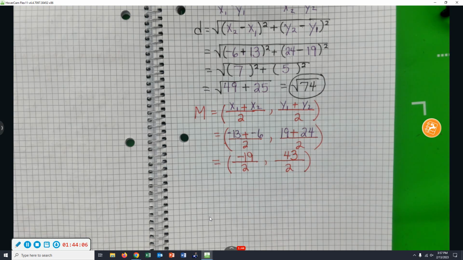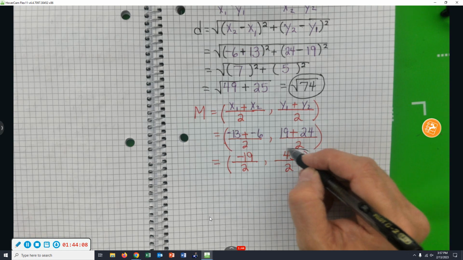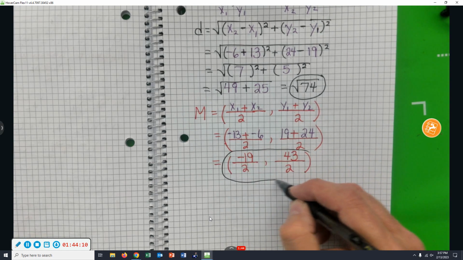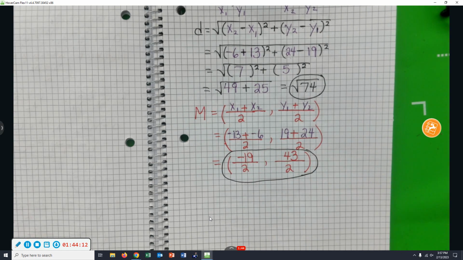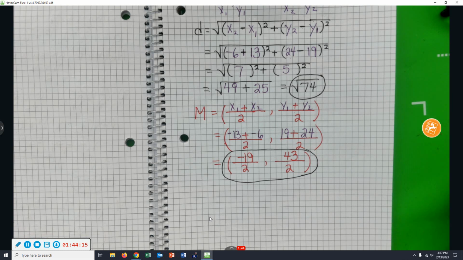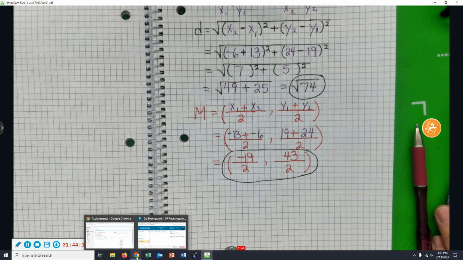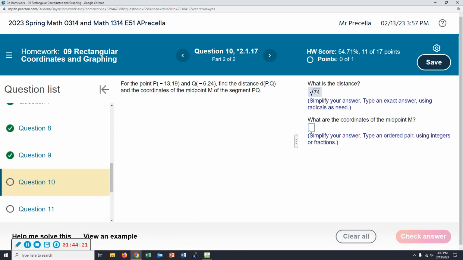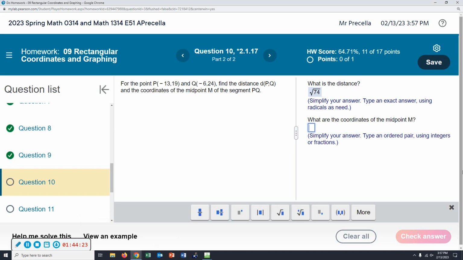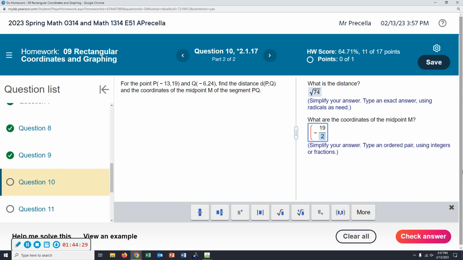And you can't reduce it other than writing a mixed number or a decimal, so we'll just type it in like that. Don't make the mistake I did on the first one. Be sure to put your parentheses. Parentheses. Negative 19 over 2.